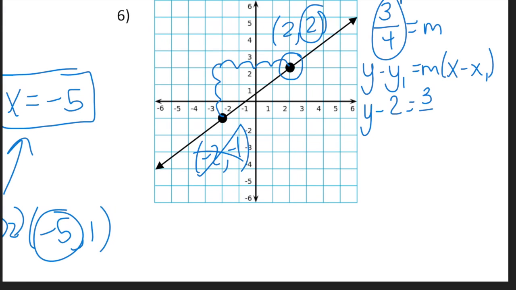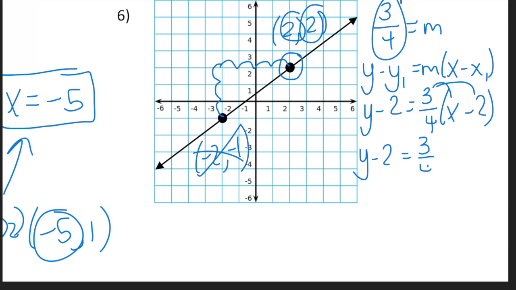Slope is 3/4. X minus 2. So simplify. I'm going to keep y minus 2 for a second. I need the distributive property. 3/4 x minus 6/4. And I'm going to need to add 2 on both sides to get y by itself.